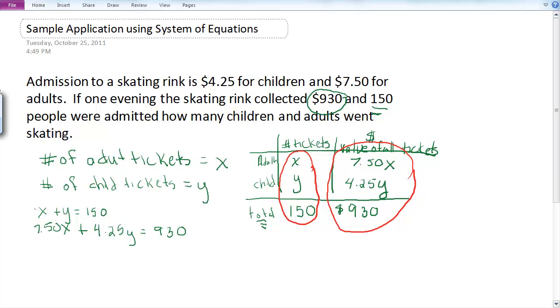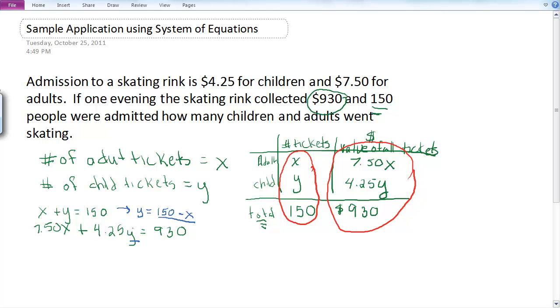So I'd multiply everything by negative 750 and do elimination. You could also do substitution. So I would use the first one, it's much easier, and maybe solve it for y. So y would be equal to 150 minus x. And then I could take this 150 minus x and replace it here in place of the y.